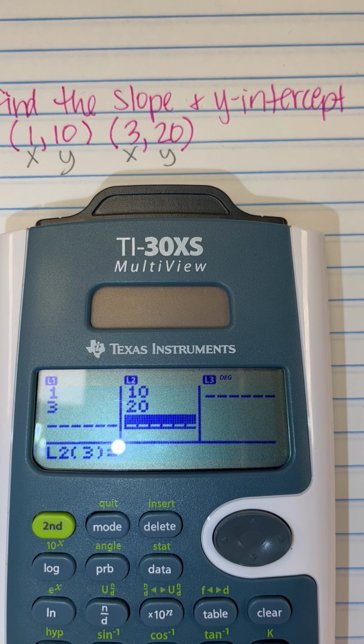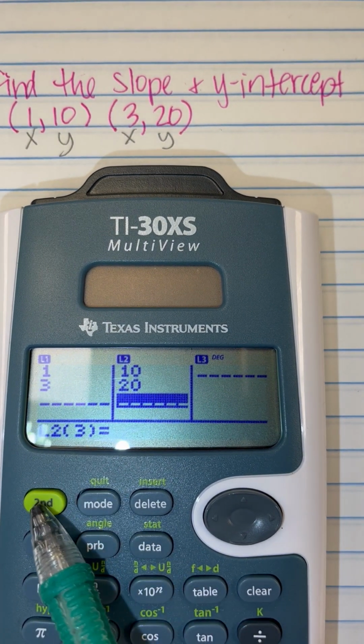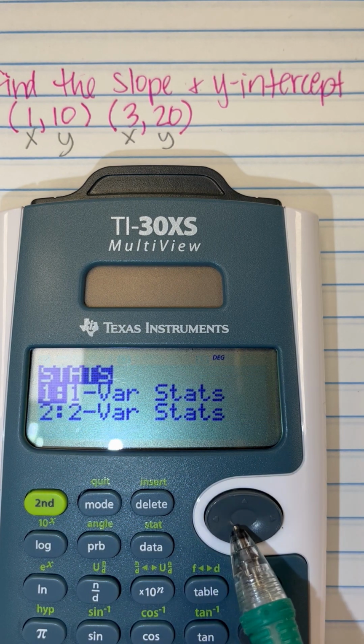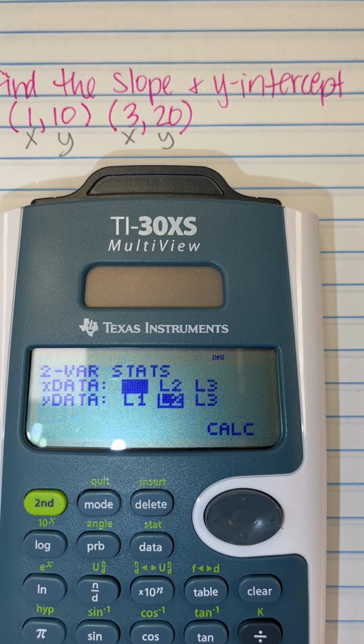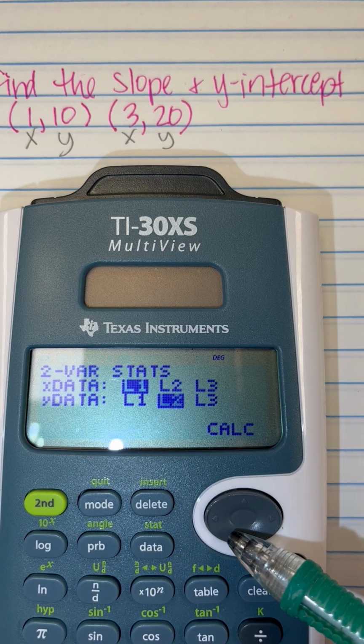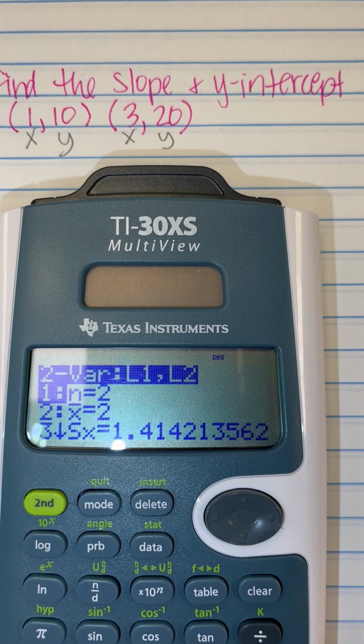Once you have your x and y values put in, now we go to second data. We have 2 variables, so we go down to 2. I've got L1 as x, L2 as y, so I go down to calculate. Hit enter.